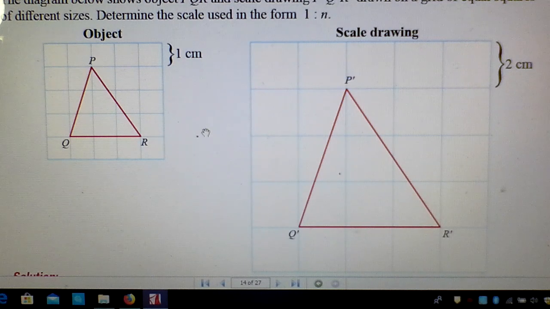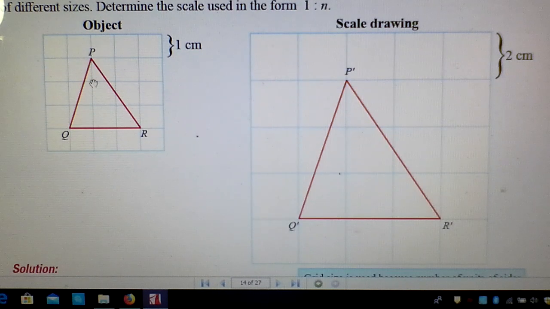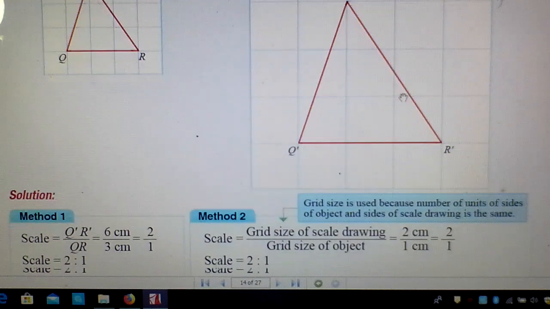How do we determine the scale? If you refer to P prime, Q prime, you refer to PQ here. This is the scale drawing, this is the object. Now we use the size in centimeters. We don't have the size of P prime, Q prime, but we have QR and Q prime, R prime.